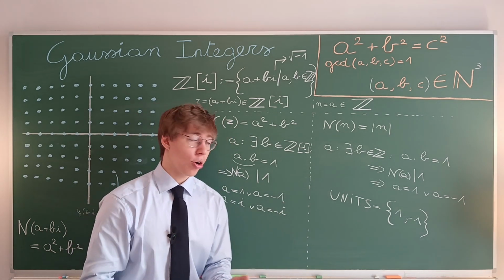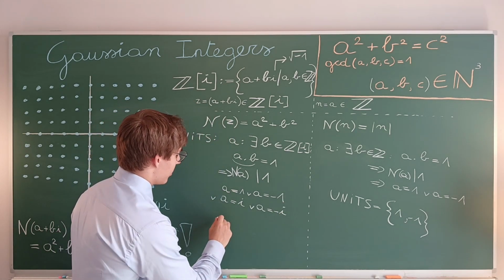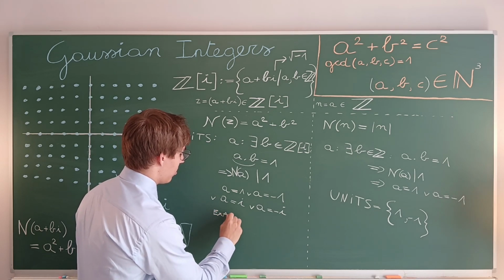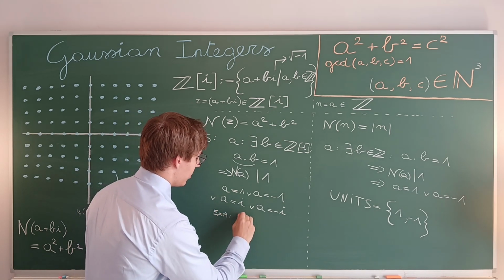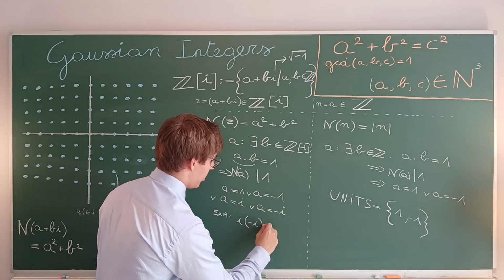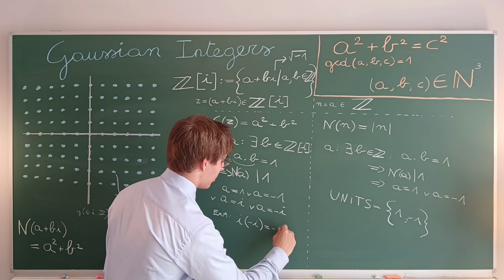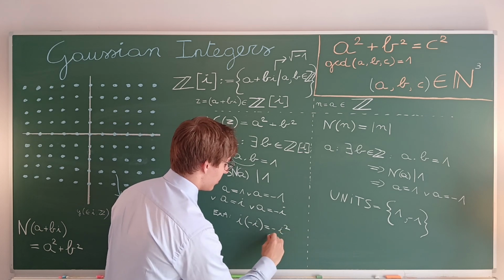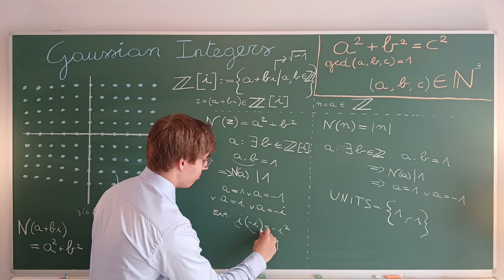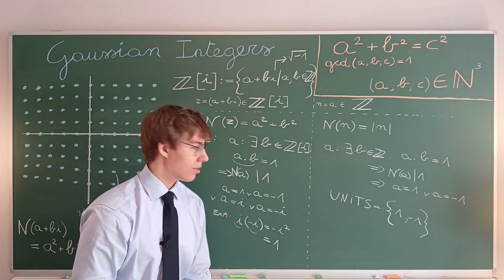And indeed, they are all units, since, for example, i times -i is equal to -i squared, and this is 1. So both these numbers are units.